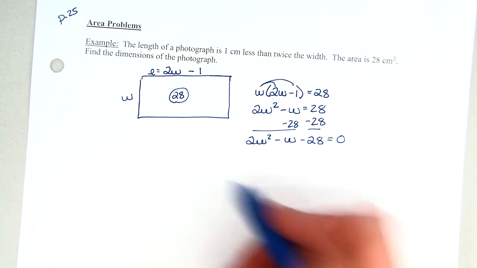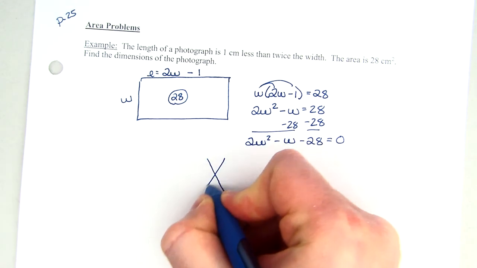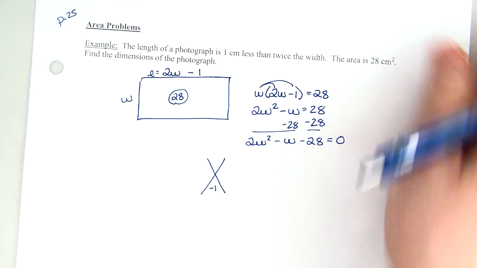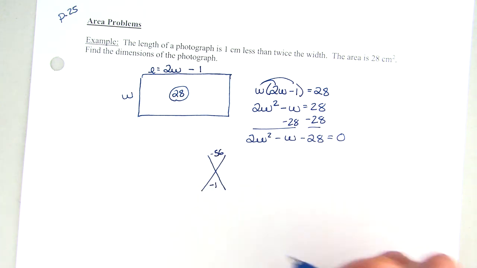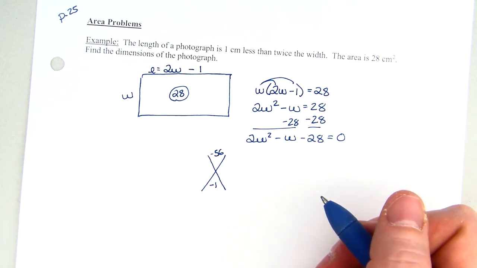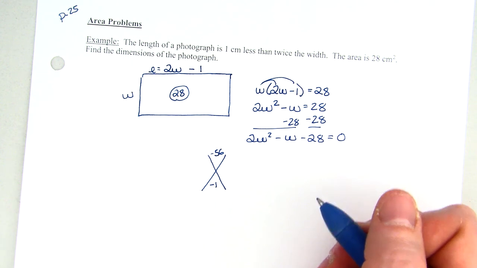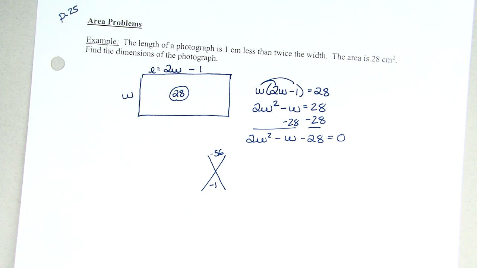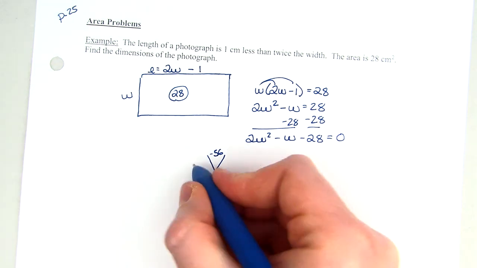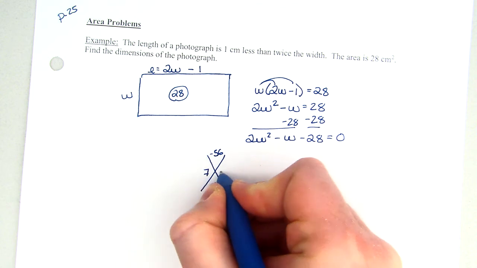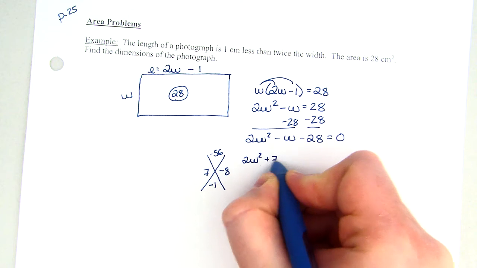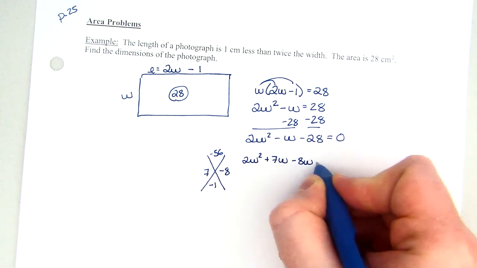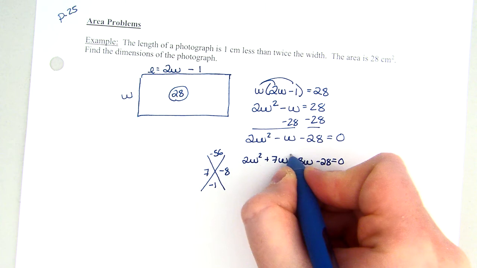I might as well show you the work both ways because some of you are probably using one method, others another. If I'm using the x to factor, I know that it's going to add to -1, multiply to -56. Let's see, what numbers are going to do this? How about 7 and -8, which will give me 2w squared plus 7w minus 8w minus 28 equals 0.